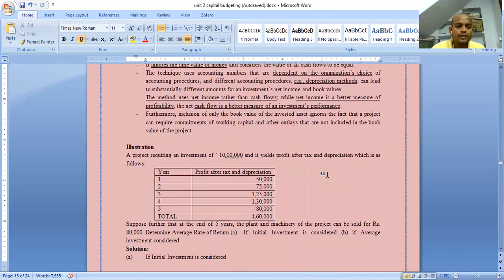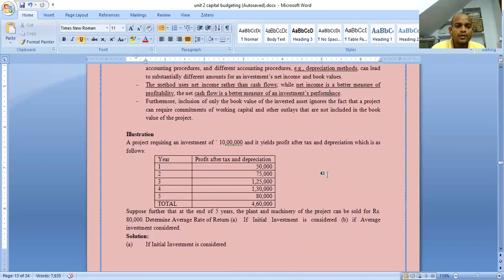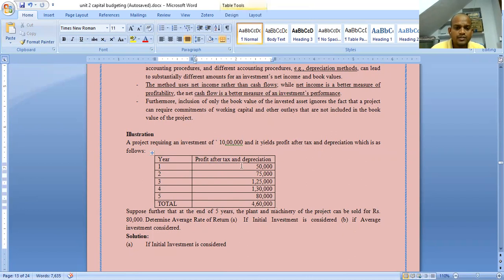So we have another illustration. A project requiring an investment of 10 lakhs yields a profit after tax and depreciation, which is as follows. The profit after tax and depreciation up to 5 years totals 4 lakh 60,000.